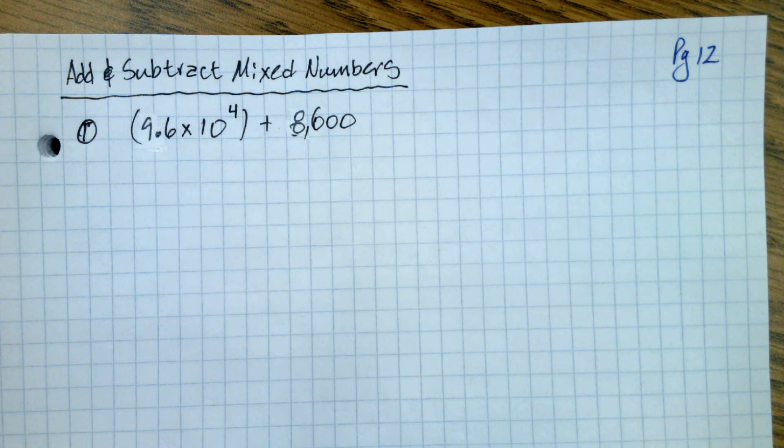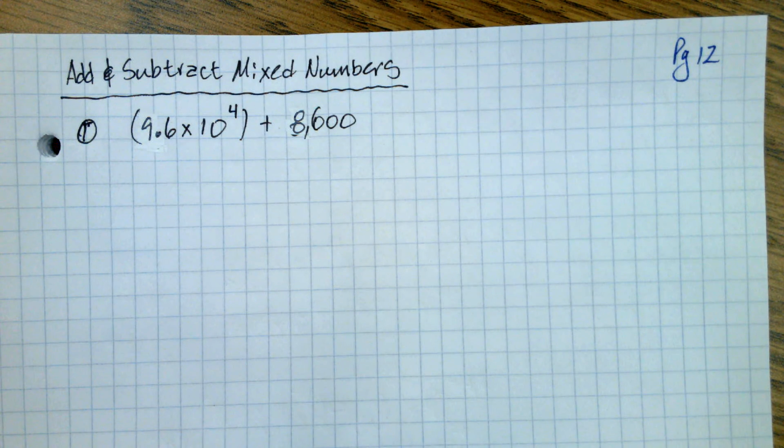So I have to convert that number over here, the standard number, into scientific notation. Or maybe not even scientific notation, though. Because this number written in this format, what exponent do I want on this number? 4.